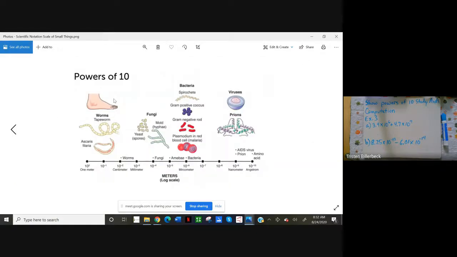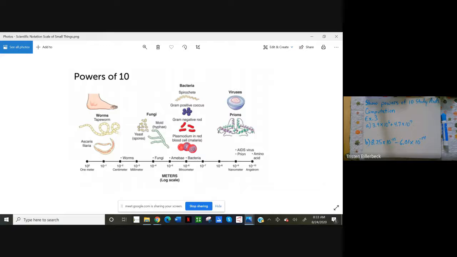Okay, so this one, we have 1 meter, which is about the size of a foot. And then we have tapeworms, yikes, and all these things. So this gives you another perspective.